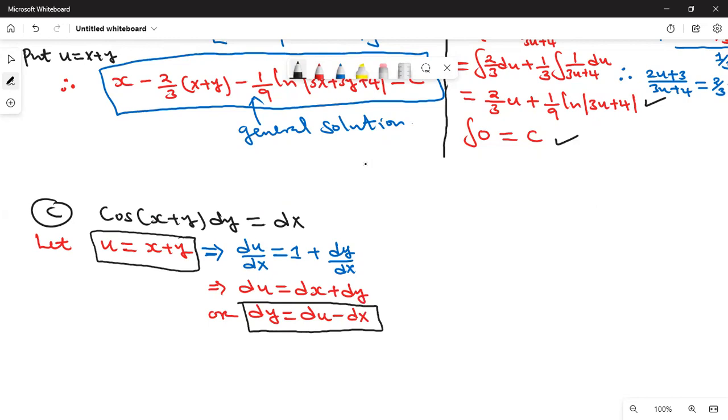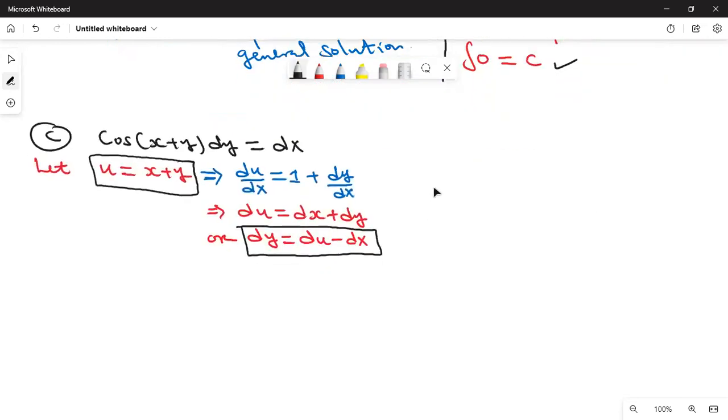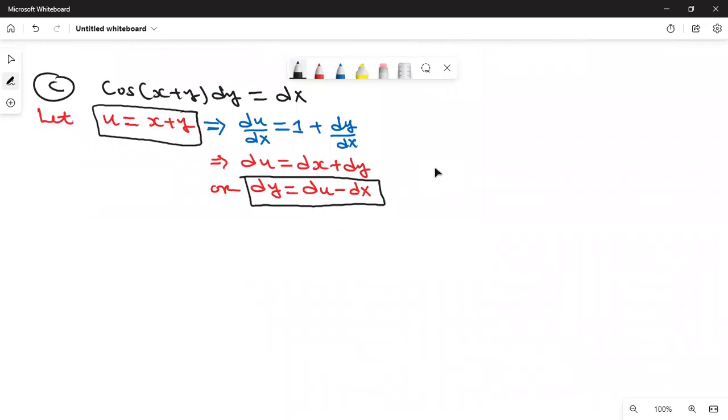So what will be our equation now in terms of x and u? Therefore our ODE can now be written as cosine of u times dy, which is du minus dx, is equal to dx.